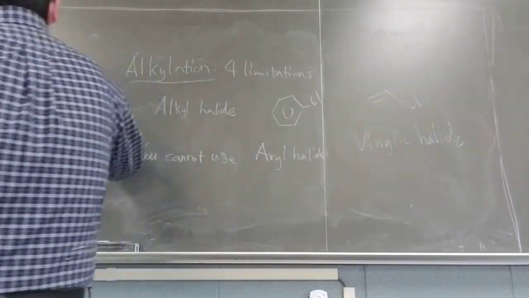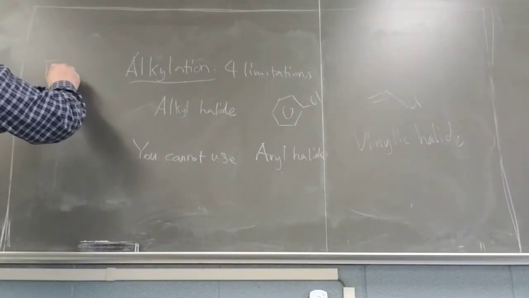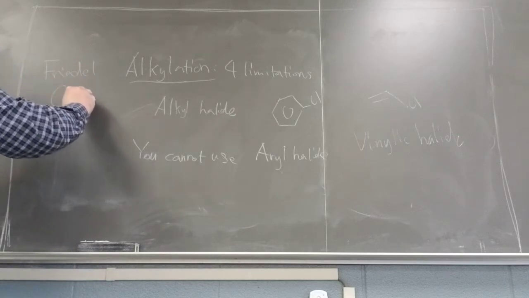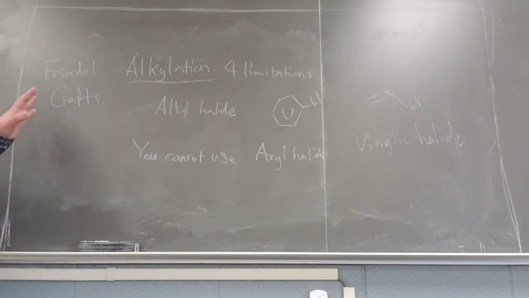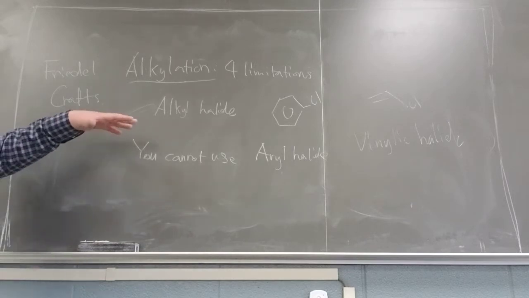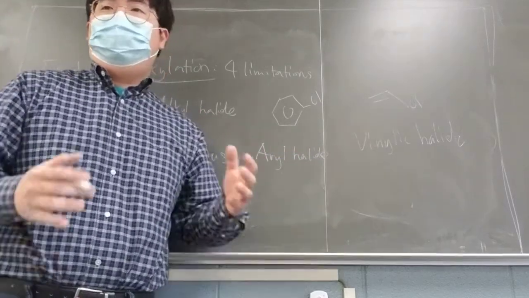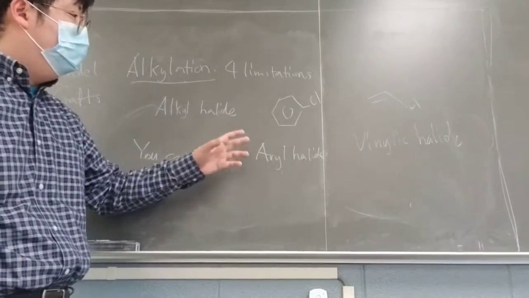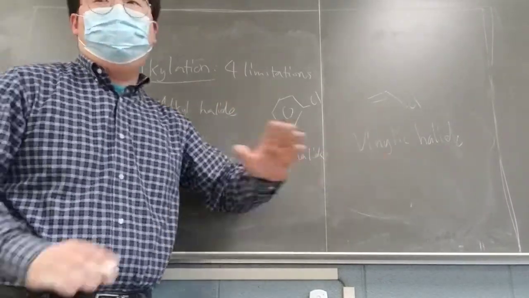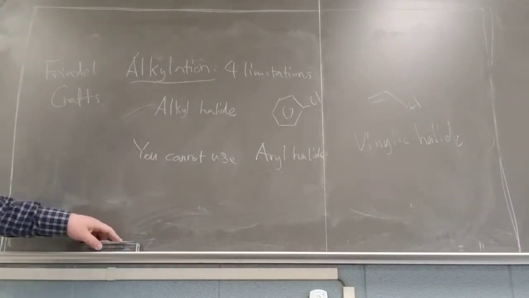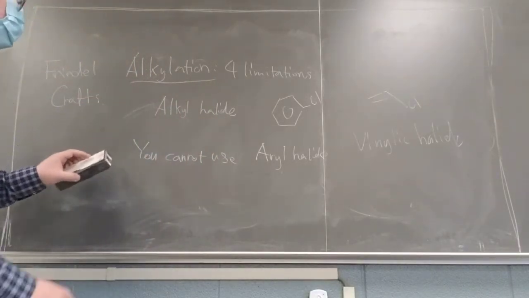This is what we call Friedel-Crafts reactions. In this type of alkylation, we cannot use the aryl or phenylic halide. So it will not happen. If you try to do the alkylation with those two, it will not happen. So this is the first limitation.